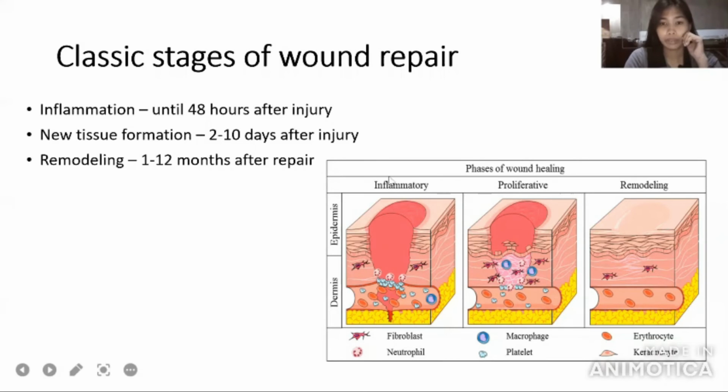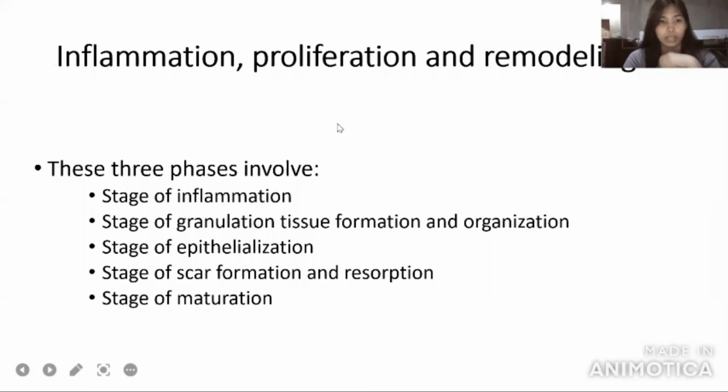So here we have inflammatory, then proliferative, and then remodeling. These three phases involve the first stage of inflammation, the stage of granulation tissue formation and organization, the stage of epithelialization, the stage of scar formation and resorption, and lastly the stage of maturation.